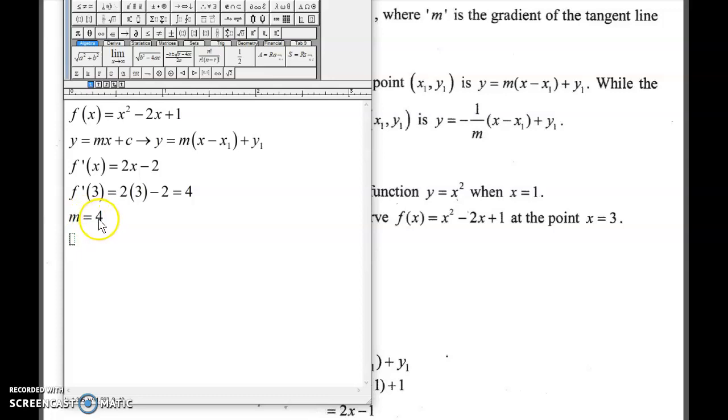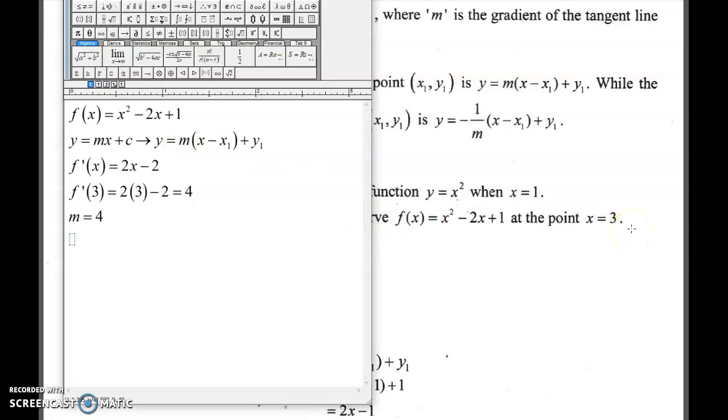So basically the slope will be a positive slope. We can imagine it is this way. Now let's look back at the equation. We now have m, but we still need to find x1 and y1. Of course, x1 is given, which is 3 here.